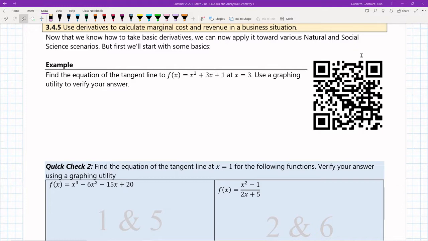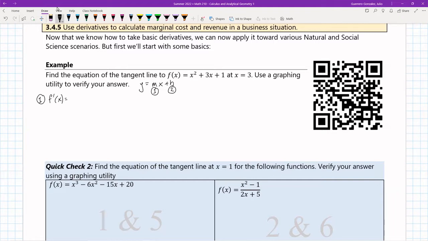Find the equation of the tangent line to f of x at x equals 3. We go through the exact same process. We're always looking for y equals mx plus b. That's going to be part 1, and this is going to be part 2. Part 1 is always to find m, which means we need to take f prime of x.